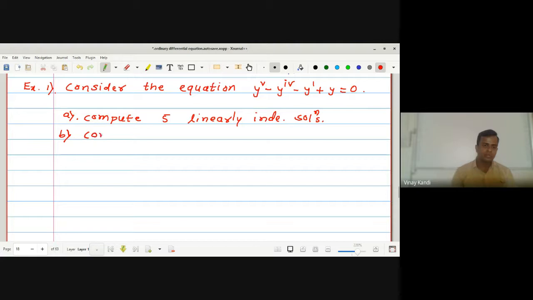Second one, b: compute the Wronskian of the solutions found in a.